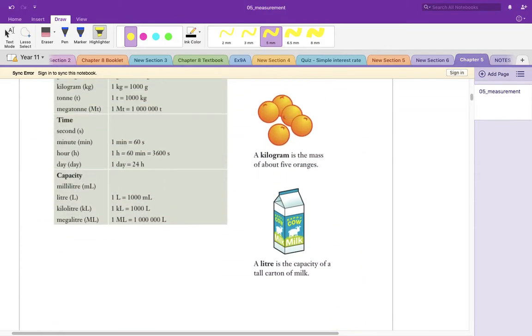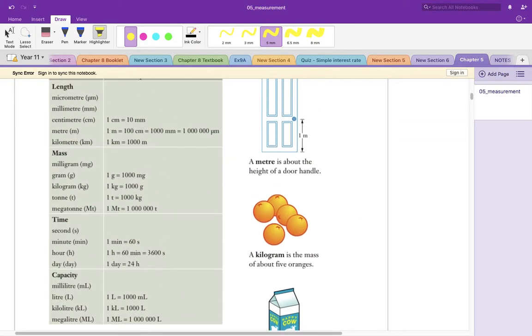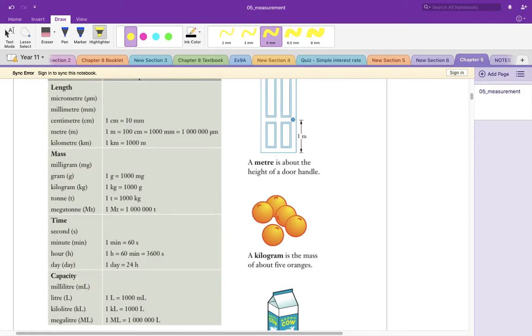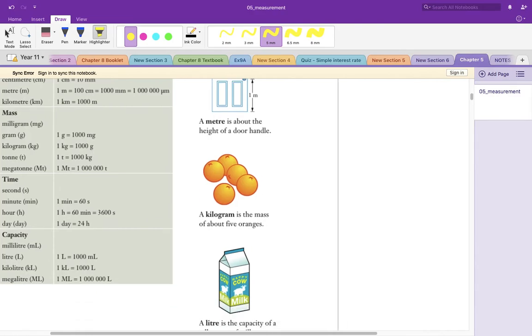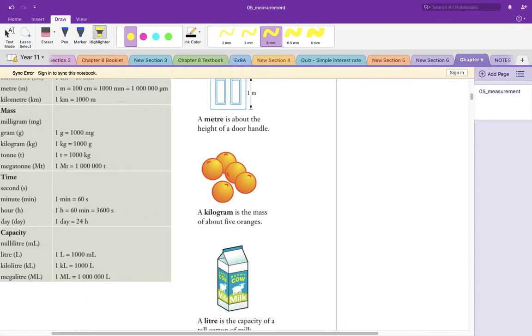Also, I think most of you have a basic concept of weights, right? So if I say 1 kilogram, you should know approximately how heavy it is. So in real life, 1 kilogram is the mass of about 5 oranges, or a bottle of water, not the 500 ml one, the big one.